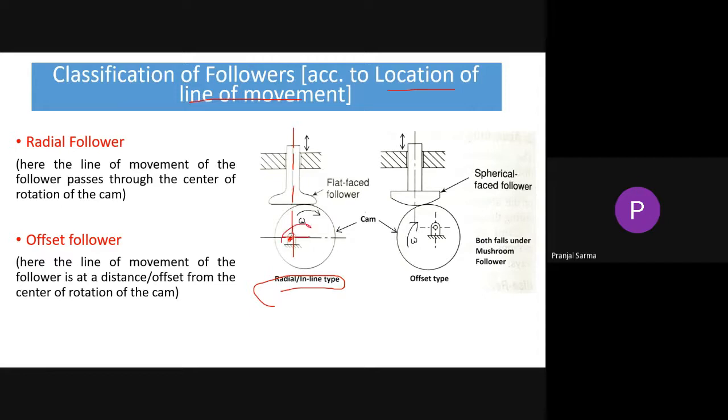So this is the radial or inline type. If that is not happening, suppose the axis of the follower is along this direction and this is the center, and there is a certain eccentricity between them, then they are known as eccentric follower or offset type follower or cam and follower and so on.